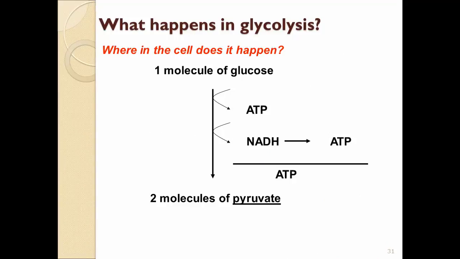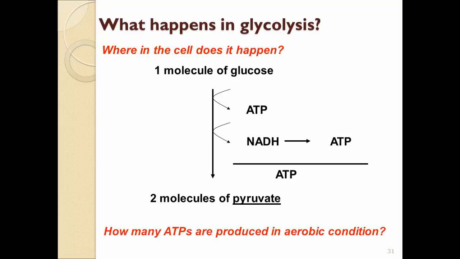So now let's do some kind of exercise to emphasize this understanding of ATP production. Let's do the aerobic conditions. How many ATPs are produced in aerobic conditions during glycolysis from 1 molecule of glucose? The end product should be pyruvate, right?